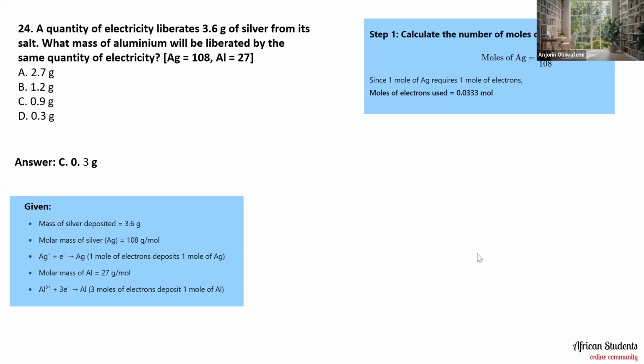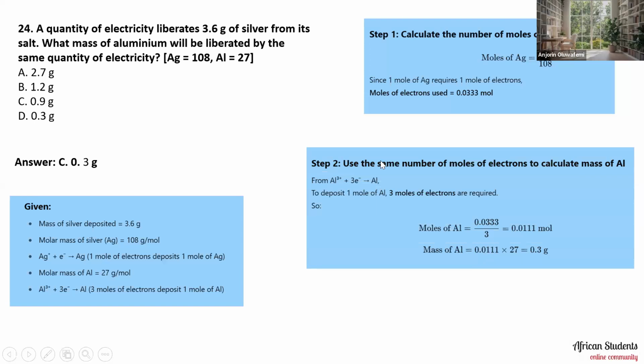So if that is the case, the second step is to use the same number of moles of electrons to calculate the mass of aluminium. Don't forget that we need 3 moles of electrons for 1 mole of aluminium deposited.